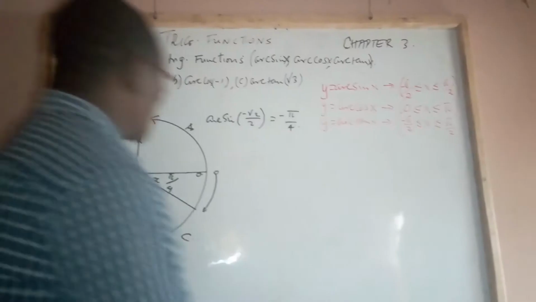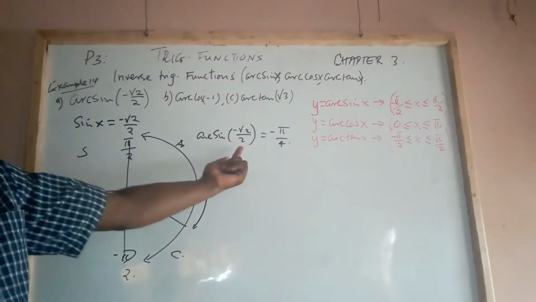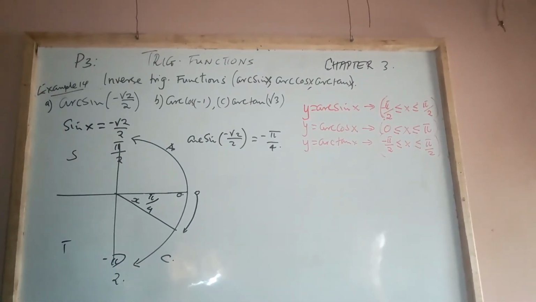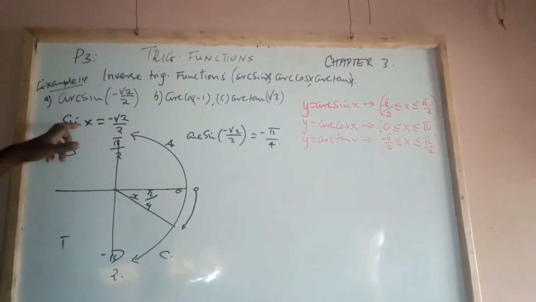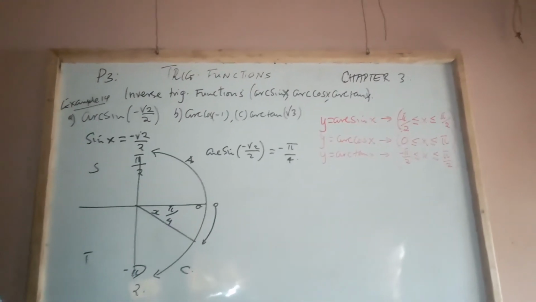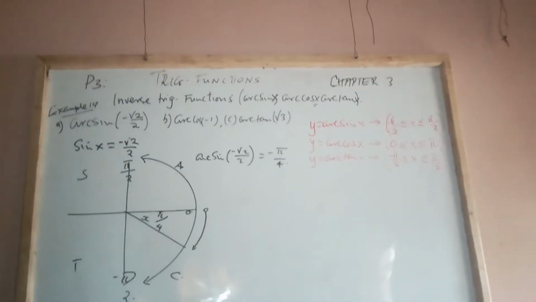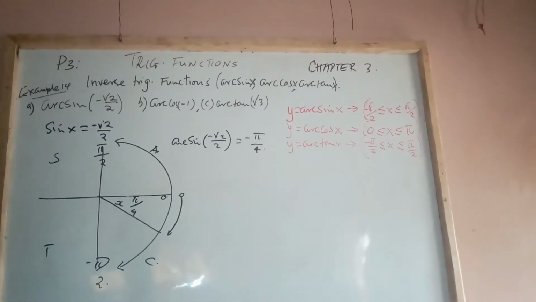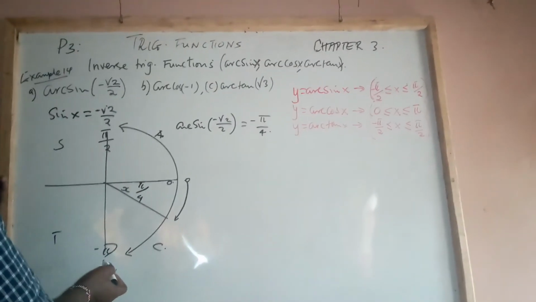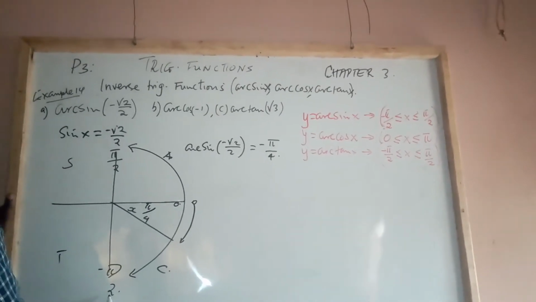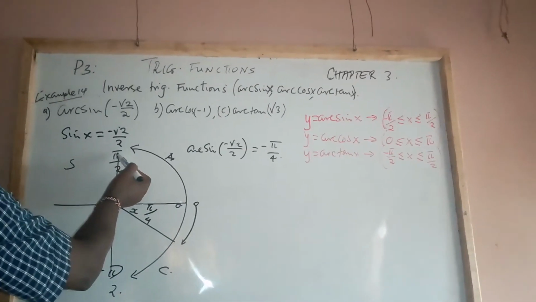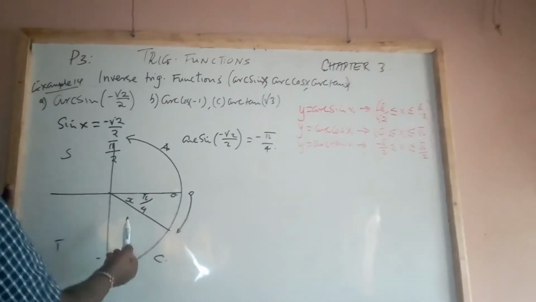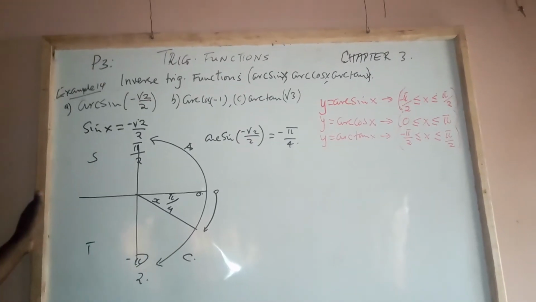Please don't forget, if this is being used as a domain here, it must have been the range in the original function. So there was an angle x whose sine was minus root 2 over 2, and that angle is minus pi over 4, simply because it should dwell between minus pi over 2 all the way to positive pi over 2, and because sine is positive in the first quadrant, it must appear in the fourth quadrant.